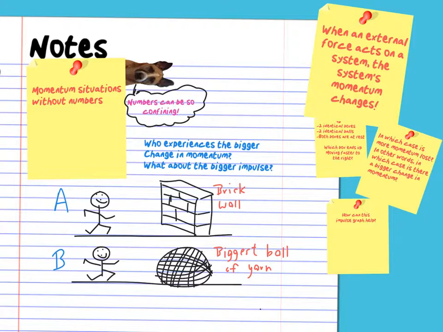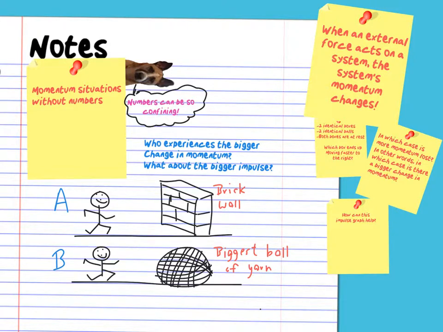We want to know who experiences the bigger change in momentum and who experiences the bigger impulse. I might add that the brick wall is going to stop person A, and the biggest ball of yarn is going to stop person B.